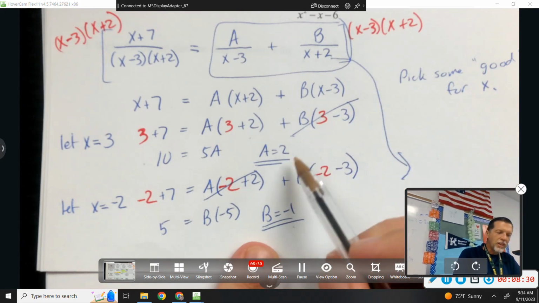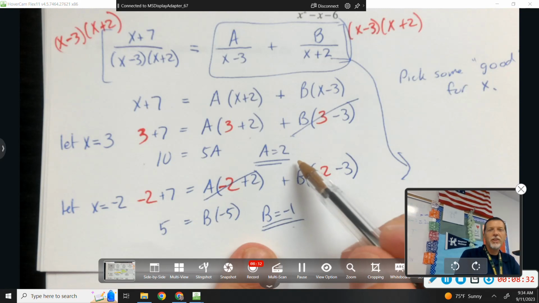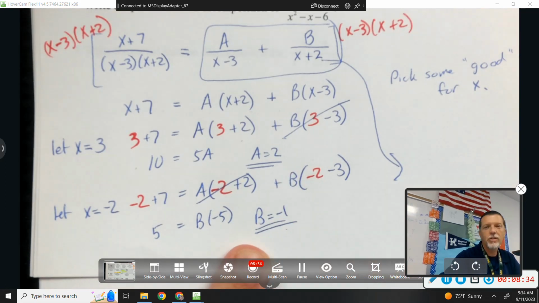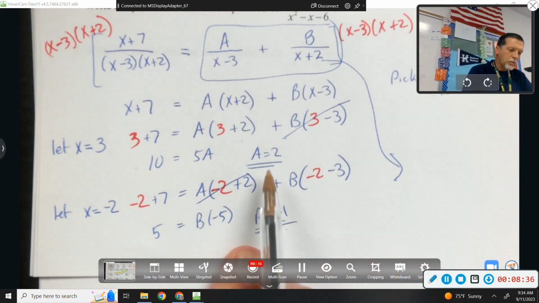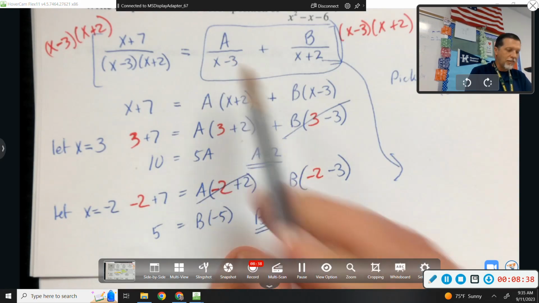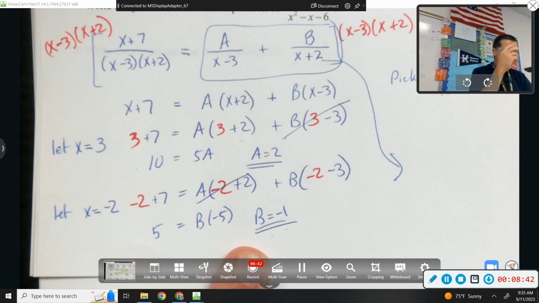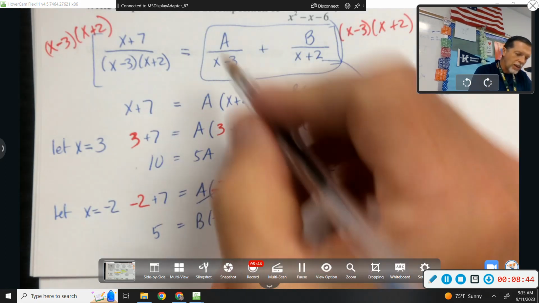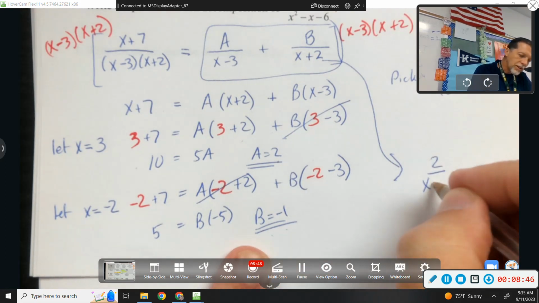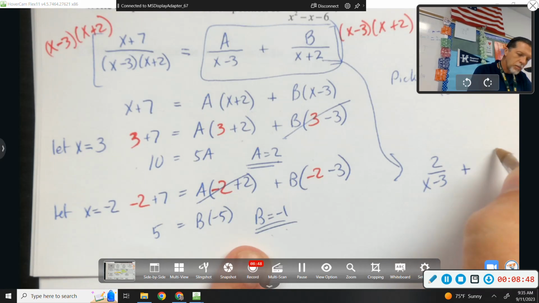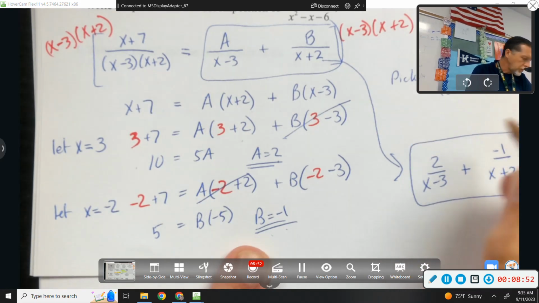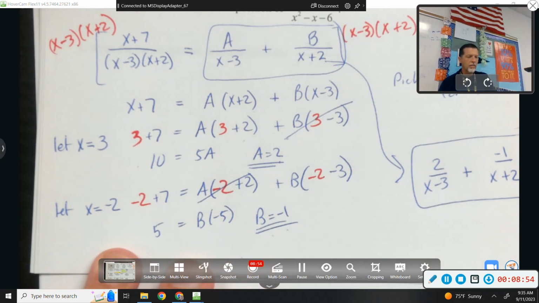You guys that are kicking yourself for dumb mistakes, here's a good one to avoid. Make sure you put the a over the a stuff and the b over the b stuff, right? You don't want to do all of this work and then just copy them down in the wrong spot. So a is 2. 2 over x minus 3 plus negative 1 over x plus 2, and that's my answer.